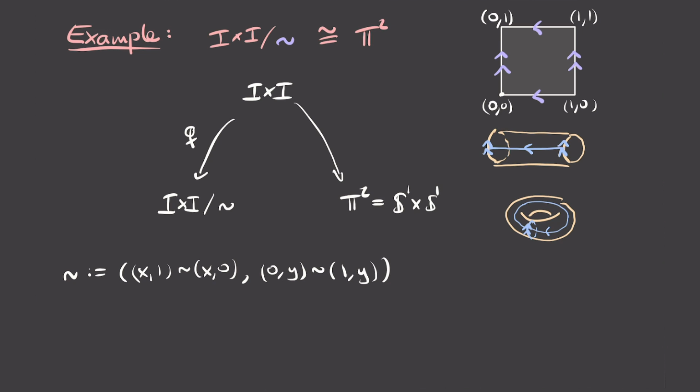So in order to map a product of 2 closed unit intervals to a product of 2 S1, we just take a product of the corresponding exponential maps. Okay, so what's this map? Well, it's the map given by exp 2 pi i x, comma, exp 2 pi i y.